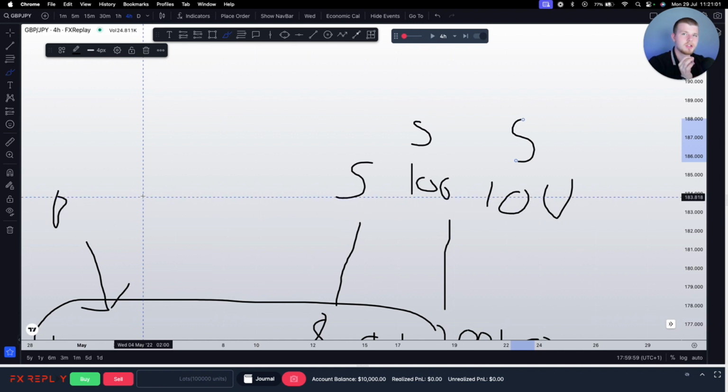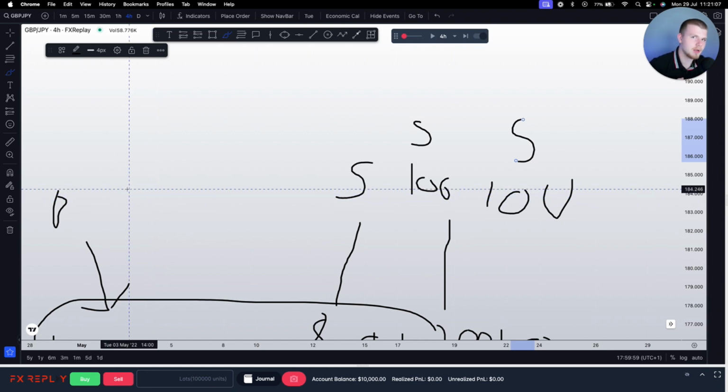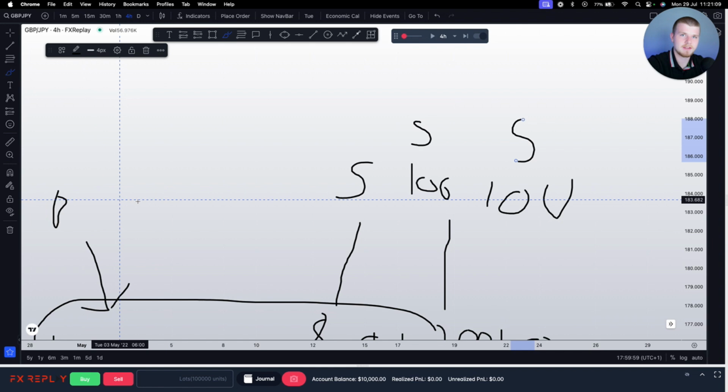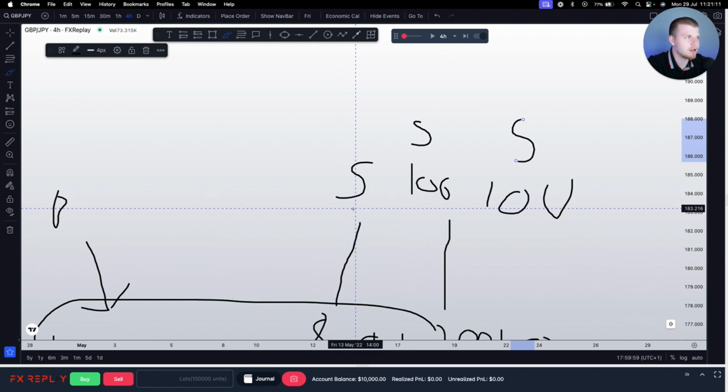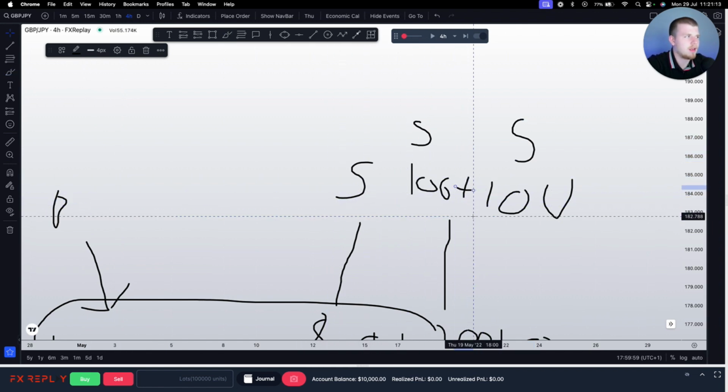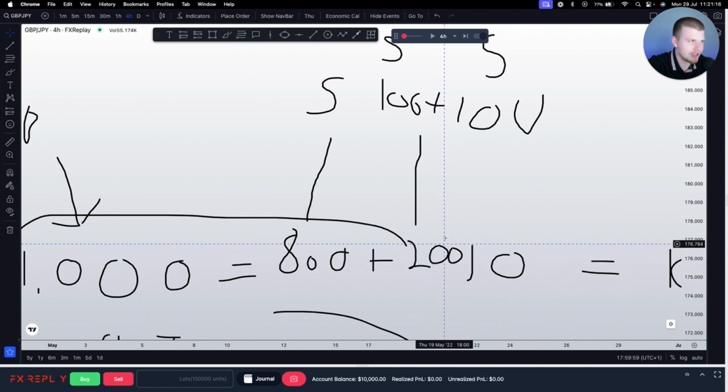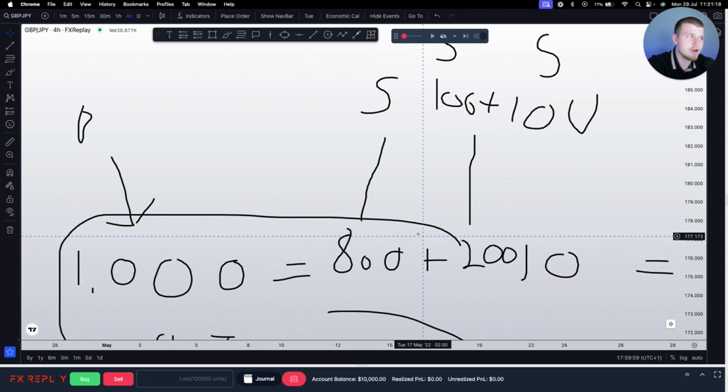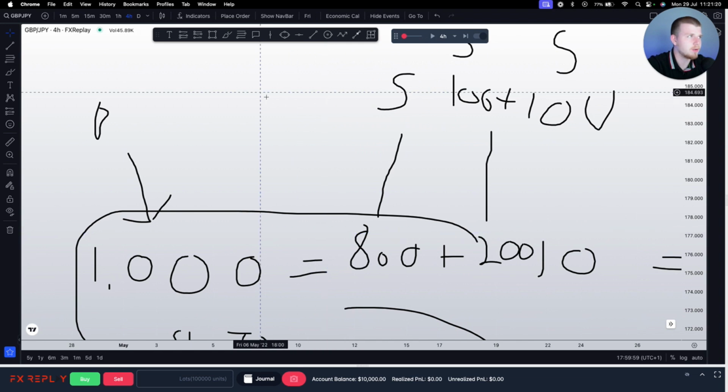And they'll also get people into sell positions to generate more sell side liquidity. Simple as that. So that sell side liquidity, 100 and 100 here, generates the 200 sell side liquidity which they need to add to the 800 currently available, which will equal 1,000.